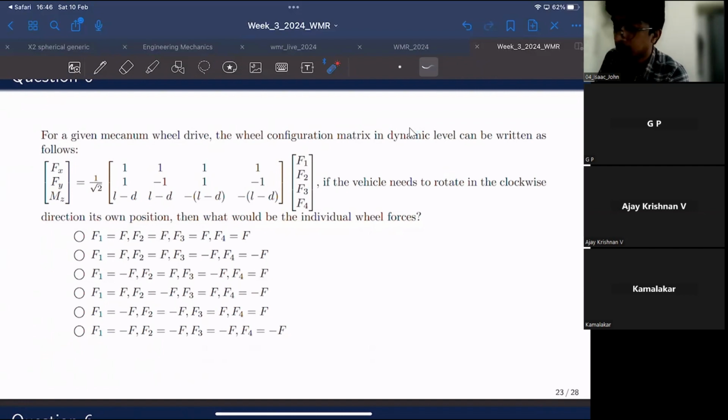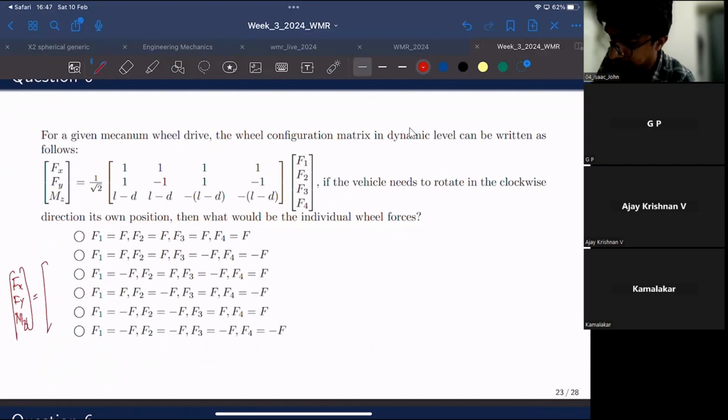It also says clockwise direction, so please be mindful of the sense of rotation. So fx, fy, mz should look something like 0, 0, and is it plus k or minus k? Since it is clockwise, it should be minus k, because rotation about the minus z axis would be the clockwise rotation.